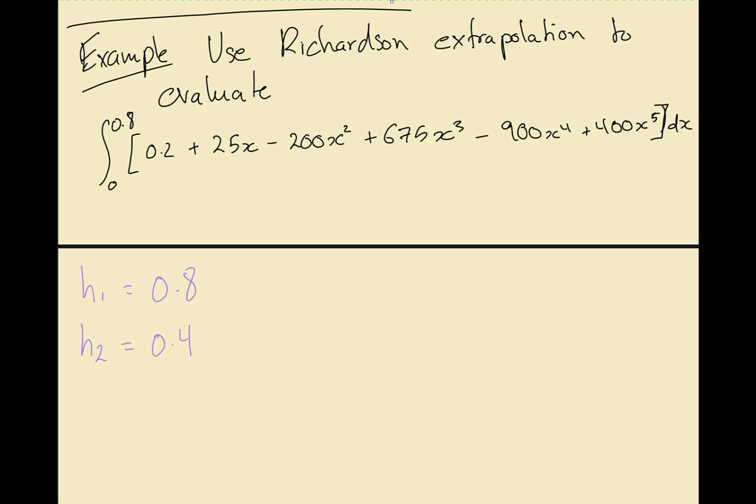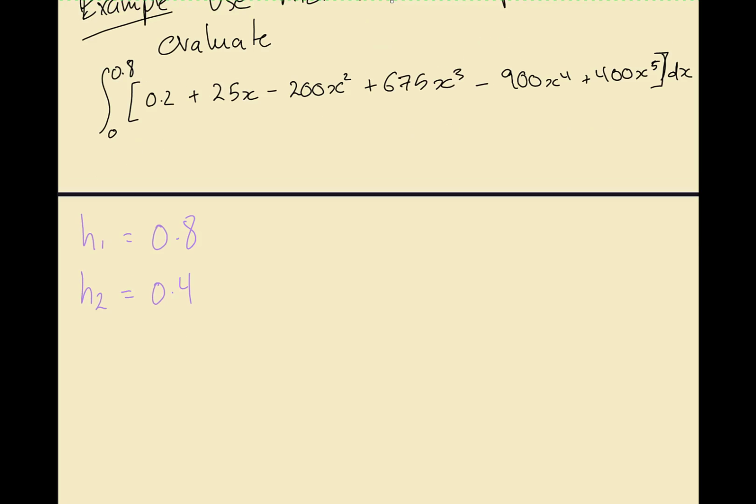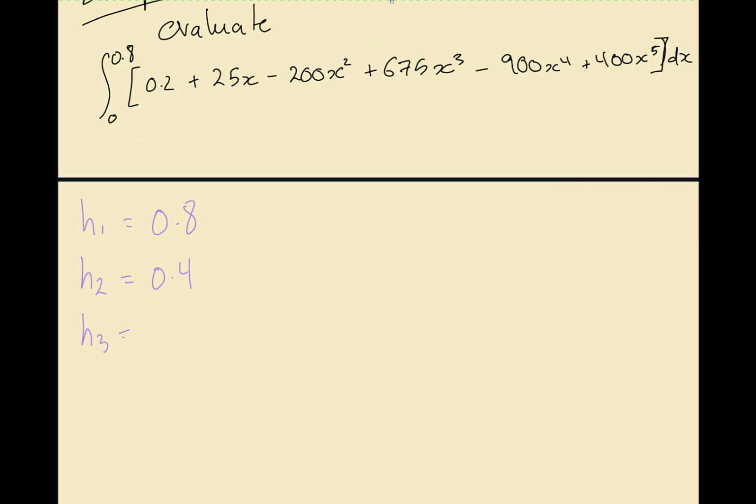Now I'm going to have two segments. And then I'm going to go even further. Why am I doing this third one? Because I want to show you the second iteration of the Romberg integration, which we still haven't seen. So half of 0.4 is 0.2, and in that case we're doubling the number of segments, so instead of 2, we're going to have 4.